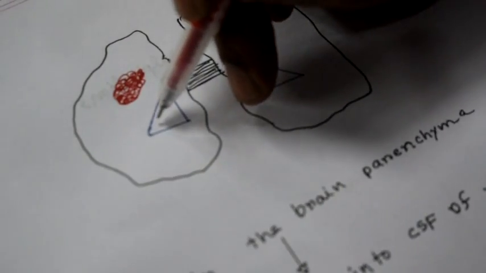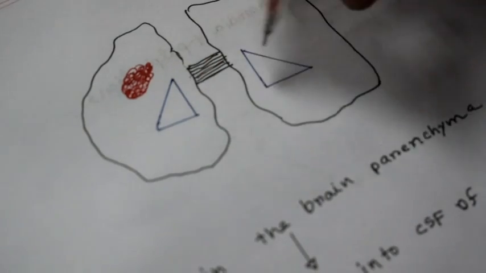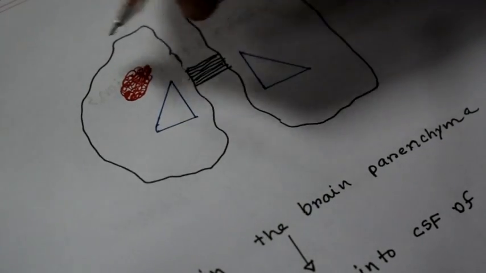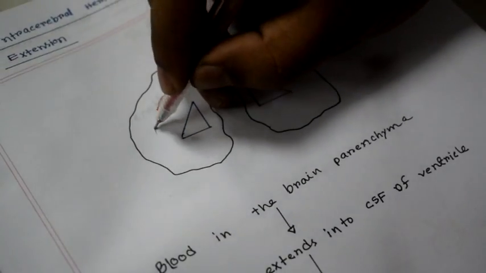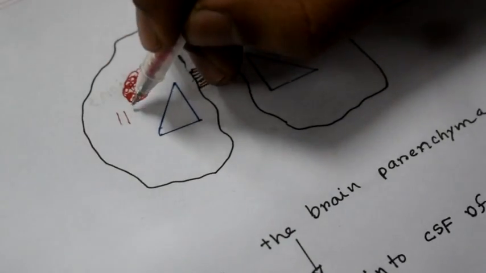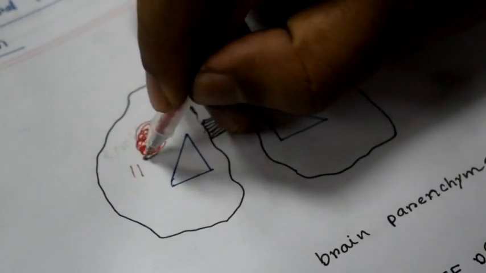Second indication is intracerebral hemorrhage with ventricular extension. So if this is the brain tissue, this blue box represents ventricle of the brain, and there is rupture of a blood vessel. Suppose a blood vessel is ruptured in the brain parenchyma and there is intracerebral hematoma.